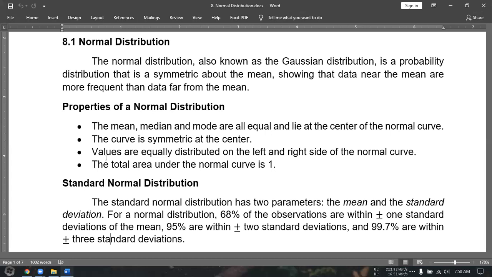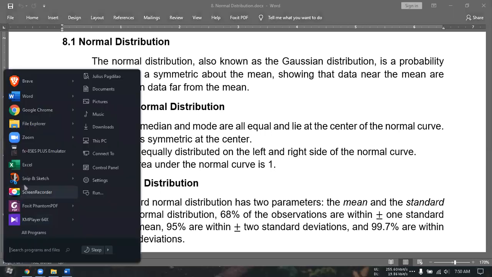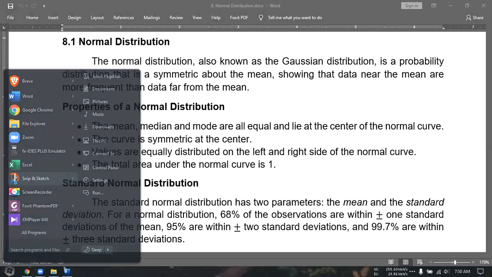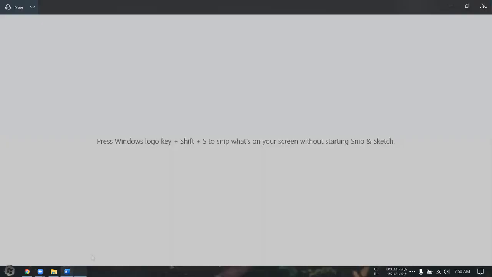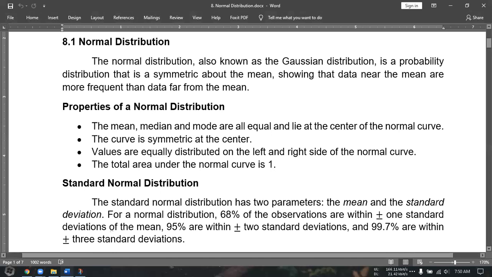The standard normal distribution has two parameters: the mean and the standard deviation. We are familiar with the mean. It is the average, one of the measures of average. And then we have the standard deviation.